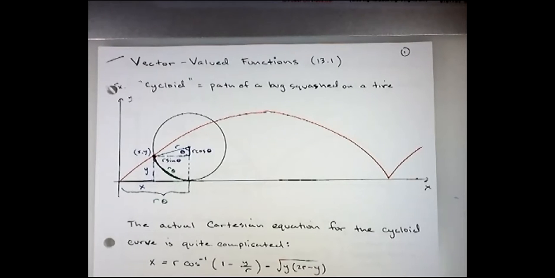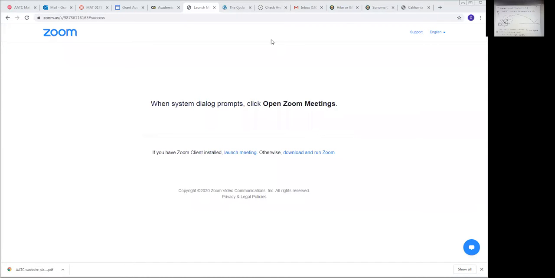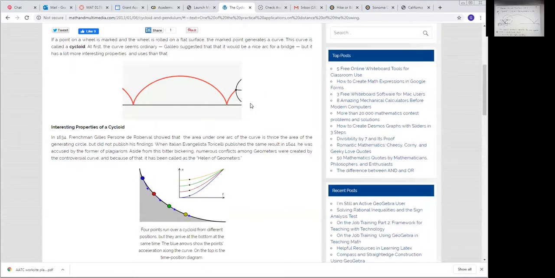I'm going to share my screen here and share one thing. So let's see, the cycloid right here. There's the picture up here. That's a nice model to see what the path of a cycloid is.